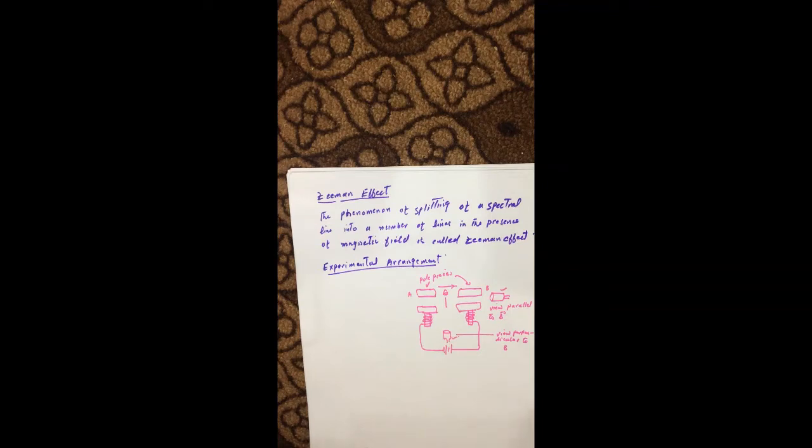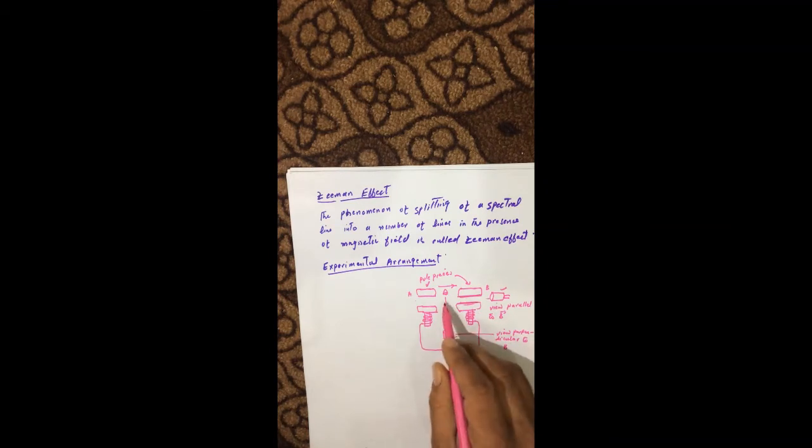Now to observe light parallel to the field direction, a hole is drilled. Here we drill a hole. This is the hole into the pole pieces A and B. The purpose of this hole is to observe the modified light in a direction which is parallel to the magnetic field, while here we are observing the modified light in a direction which is perpendicular to the magnetic field.